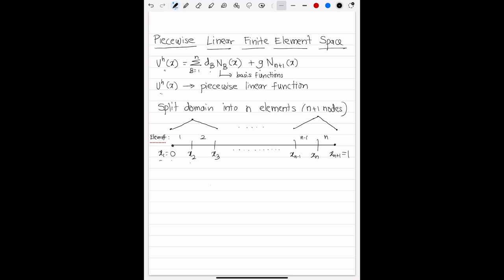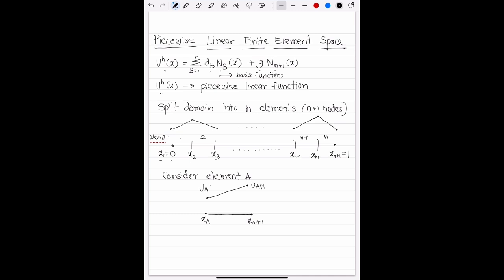Now let's consider a particular element, say element A. So element A must range from node x_A all the way up to node x_{A+1}. Within this element, the solution is assumed to be linear, and let's say that the value of the solution at x_A is u_A, and the value of the solution at x_{A+1} is u_{A+1}.